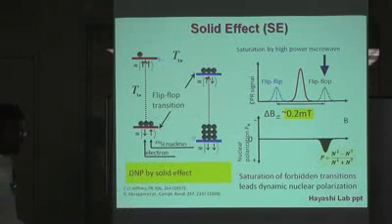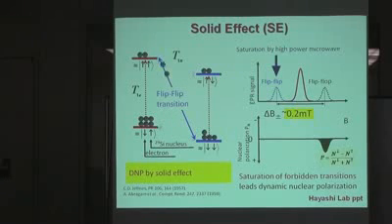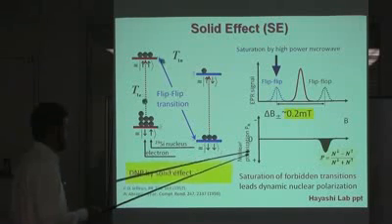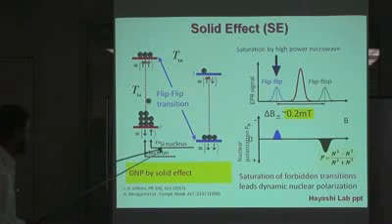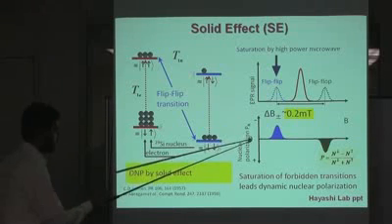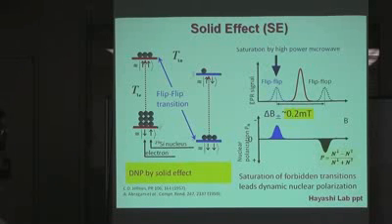The same phenomenon occurs when you saturate the second forbidden transition, the flip-flip transition: the population of 29Si nuclear spin in the up direction increases and negative polarization happens. So saturation of a forbidden transition leads to dynamic nuclear polarization.